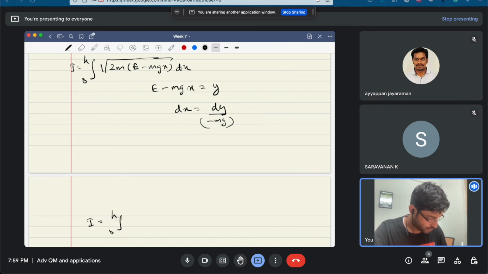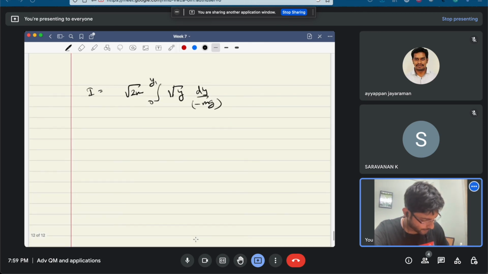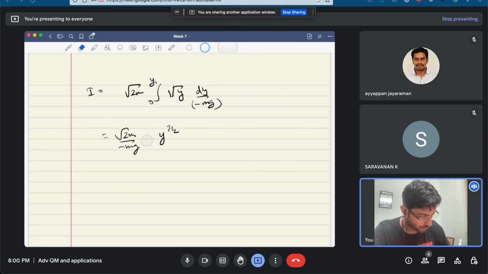Let's say this is I, so you get your I as the integral from 0 to h, root 2m you can take out, and sorry, this is not h anymore, let's say this is some y1, you have root y dy over minus mg, and what you get here is minus mg, y to the 3 by 2, with a coefficient of 2 by 3, from 0 to y1.